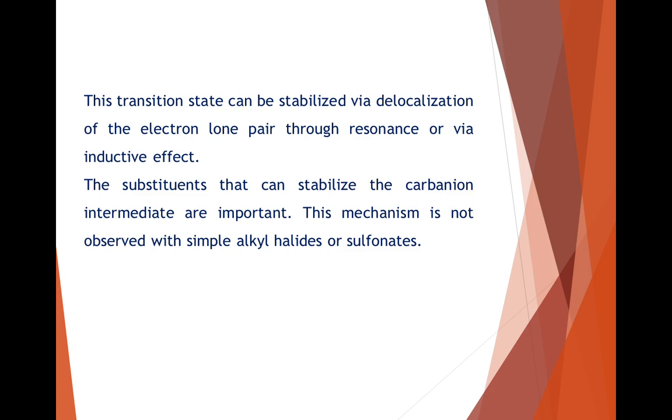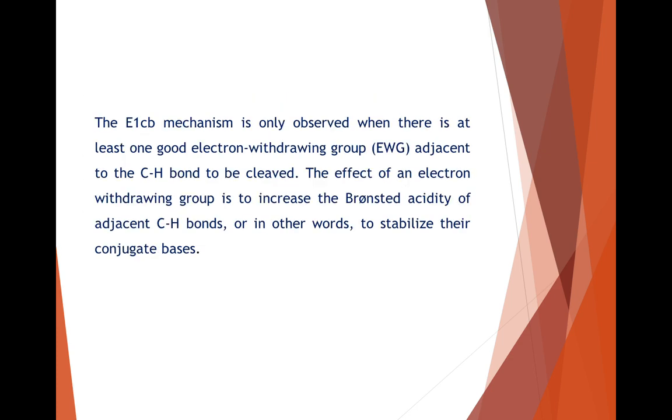This transition state can be stabilized via delocalization of the electron lone pair through resonance or via inductive effect. The substituents that can stabilize the carbanion intermediate are important. This mechanism is not observed with simple alkyl halides or sulfonates.